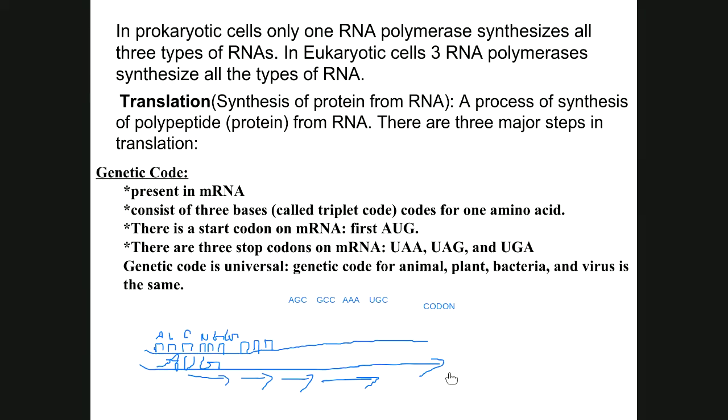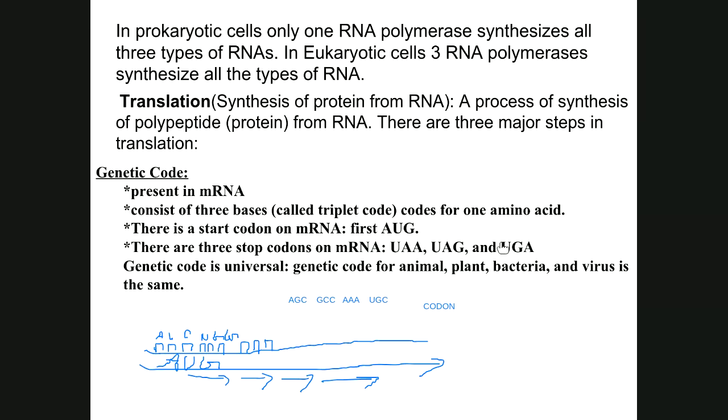So that's why this codon is called the stop codon. So remember, the start codon is only one codon, but there are 3 stop codons. When the messenger RNA gets any one of these 3 codons, it stops moving forward.